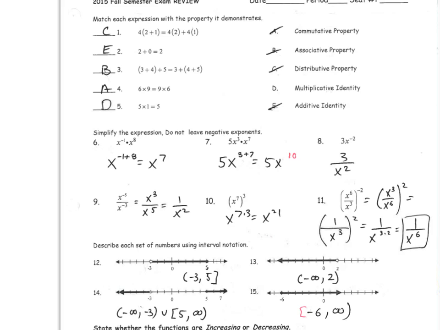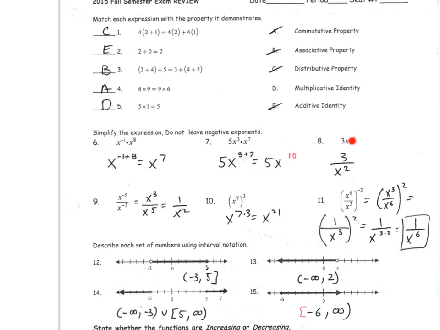Well, we end up adding them together. All right, here we're doing the exact same thing. We got a 5 out here that is by itself. There's no exponent working on it, but we have 3 x's and 7 x's. That's a total of 10 x's. So x, 3 plus 7 is 10.